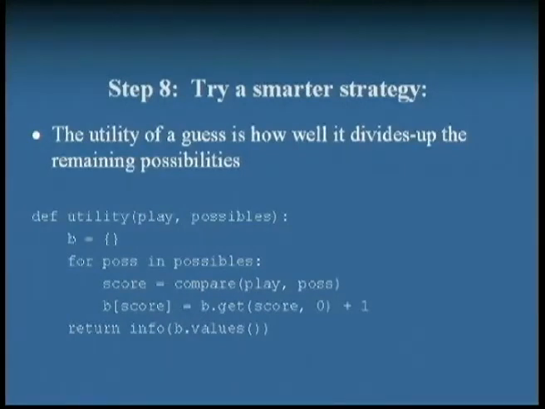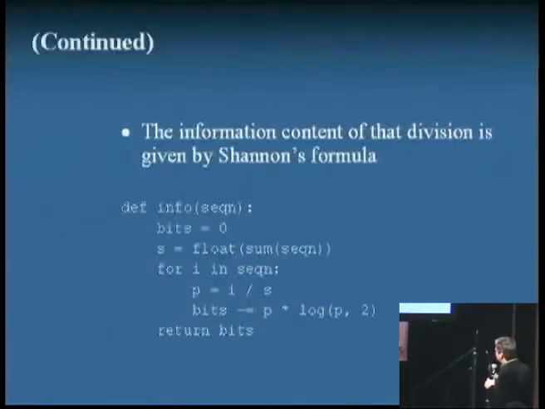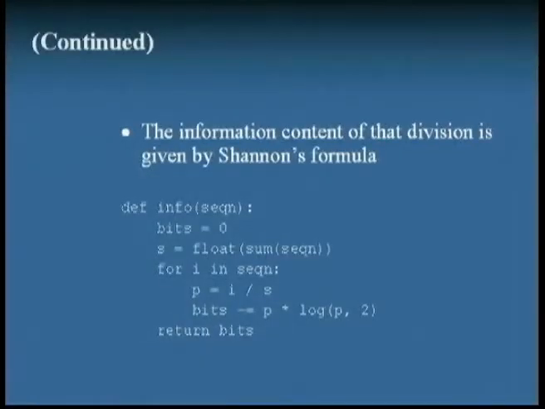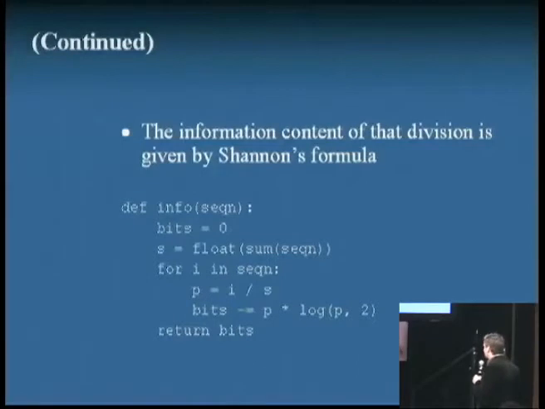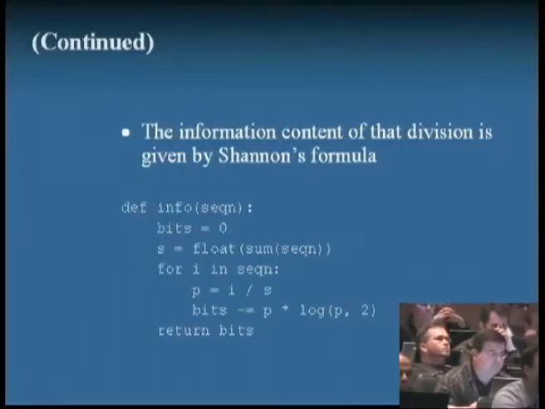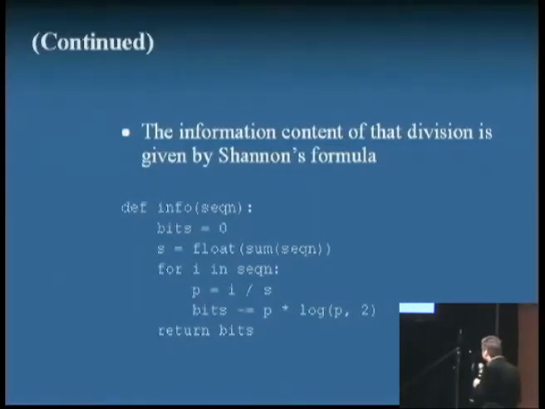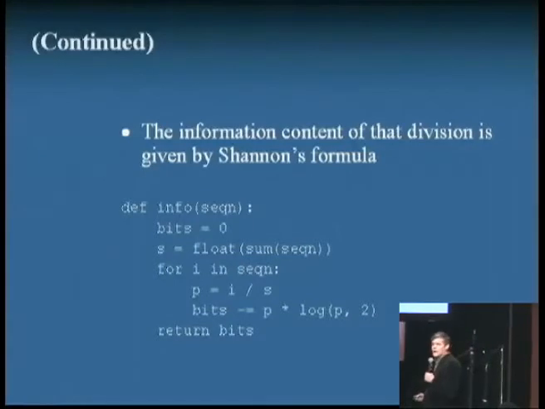And a more advanced strategy. Claude Shannon's information theory tells us the information theoretical content of each guess. So I could go evaluate several possible guesses, apply his formula, the probability times the log of the probability base 2. Be familiar to about a quarter of you in here. For the other three quarters, trust me, that's his formula. And it tells you, out of the possible guesses that you have, which one is the most informative.